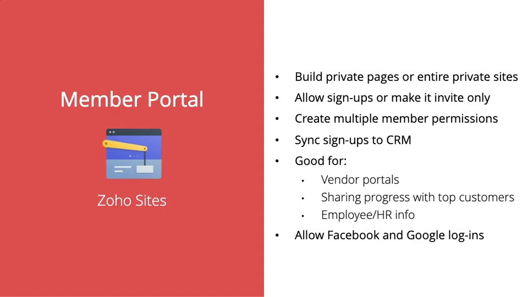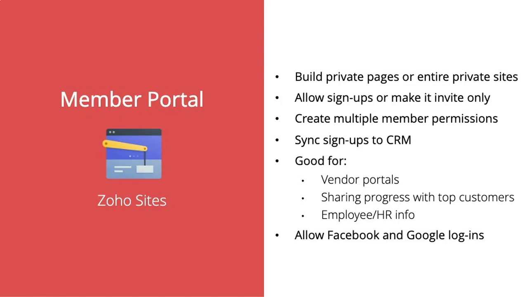This integrates with the CRM as well. So you can have people sign up, it'll collect their information in your CRM, and then they can unlock a whole section of your website with a whole bunch of content. So rather than just doing a form that gives you one ebook, you can do a different sort of thing there, maybe a whole library of content. You can have different types of members with different levels of permissions.